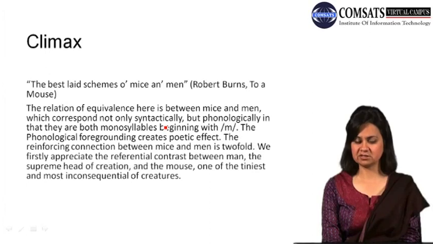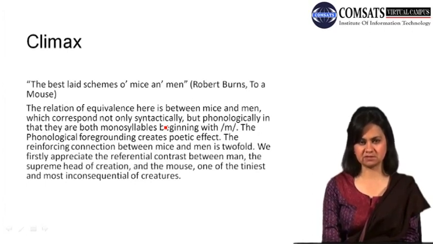So in the address, O mice and men, the apostrophe O addresses mice and men as if they are two people together, just the way somebody addressing the audience would say, ladies and gentlemen, respecting both females and males in the audience.